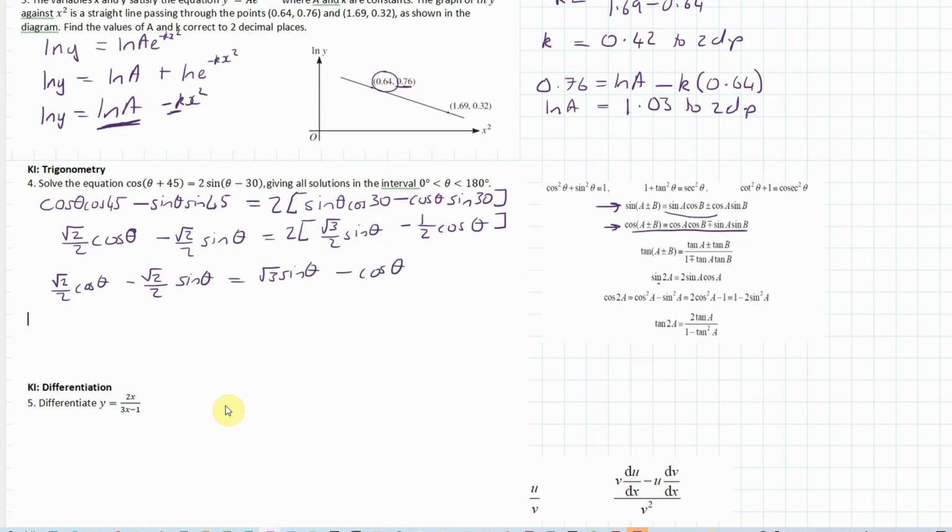Now what I'm going to do is gather my sines over to one side and my cosines over to another side.